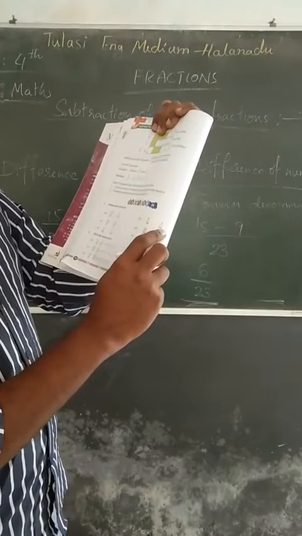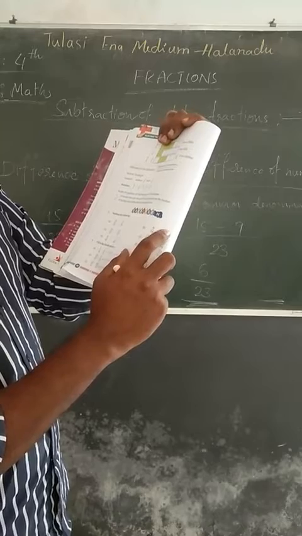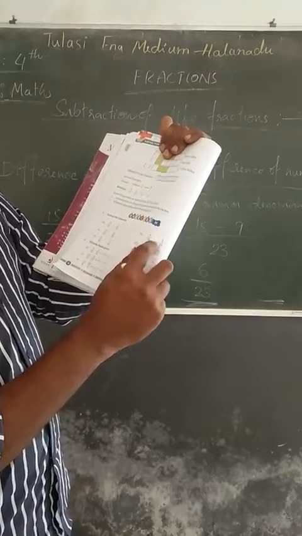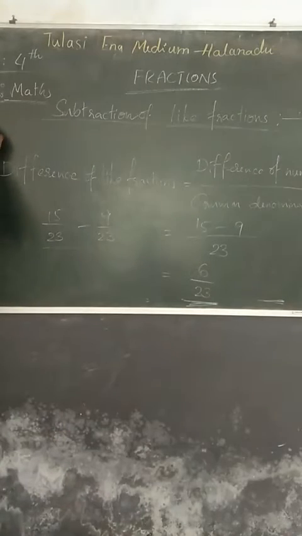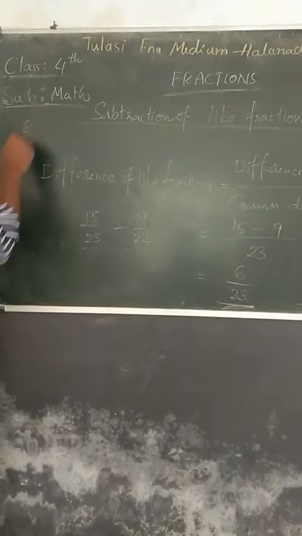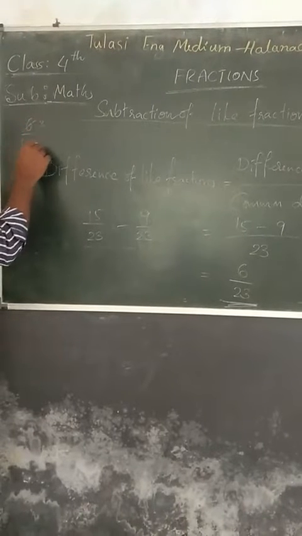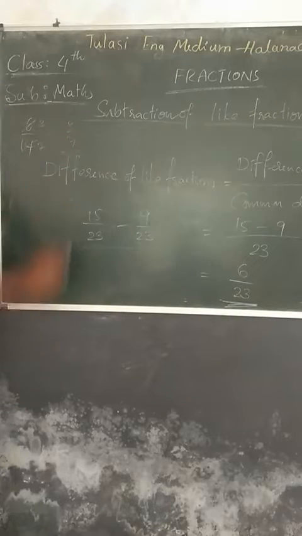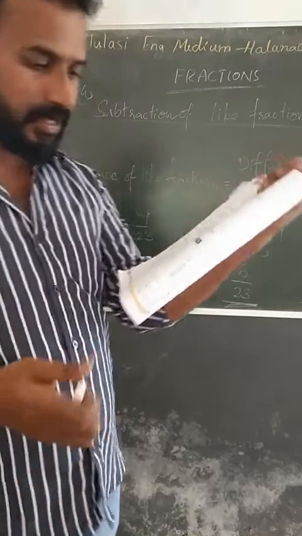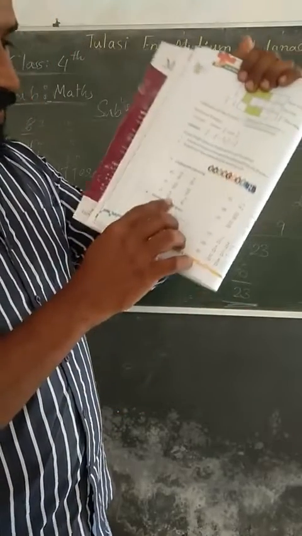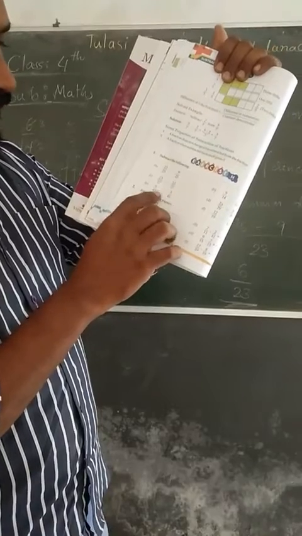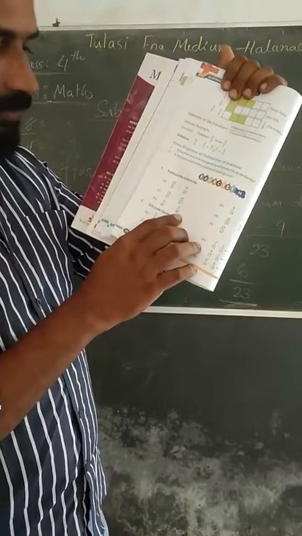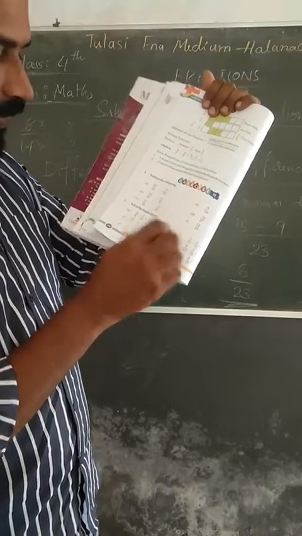Here denominator 14 will be same. 9 minus 3, 6 by 14, and when you get 6 by 14, you have to simplify. 2 threes are 6, 2 sevens are 14. So 3 by 7 is the simplest proper fraction. 6 by 41 minus 3 by 41. 6 minus 3 is 3, same denominator 41, 3 by 41.